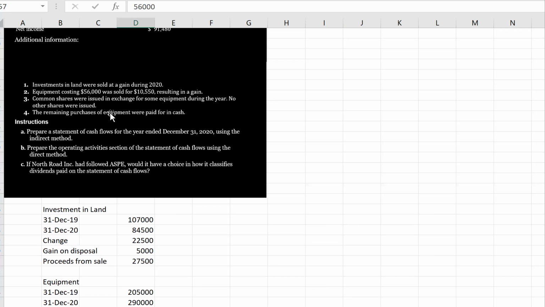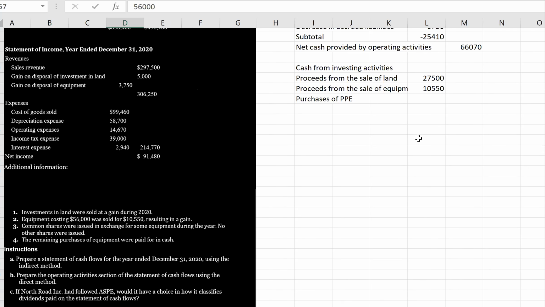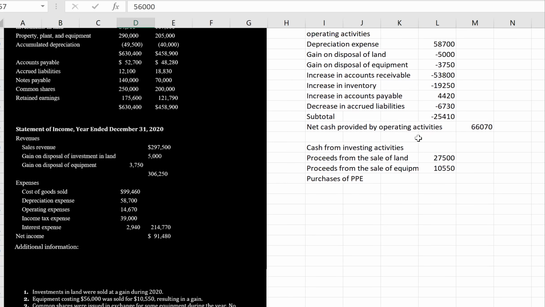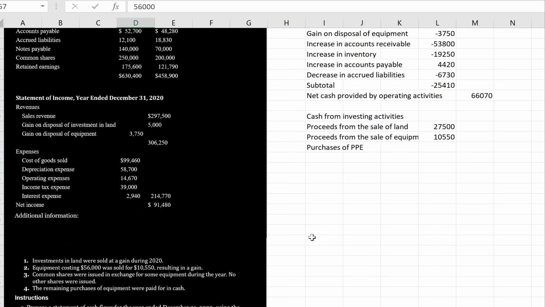So common shares were sold for some equipment. What was the amount of common shares that was issued? Common shares went from 200 to 250, so common shares went up by 50,000. That means we must have issued 50,000 of common shares in exchange for the equipment.